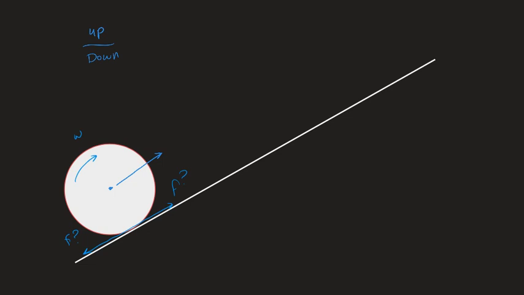I mean, if it's rolling up a ramp, is it going to be speeding up on its way up the ramp or slowing down on its way up the ramp? Now, if you know the answer to that, which one of these will cause the rotational speed to get smaller? It's up the ramp. When an object rolls up a ramp, the friction is also up the ramp to cause a torque to make omega get smaller. Gotta think about it.